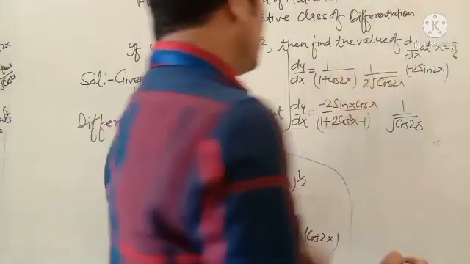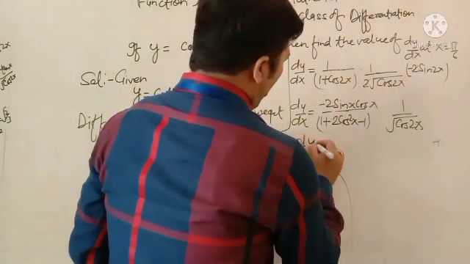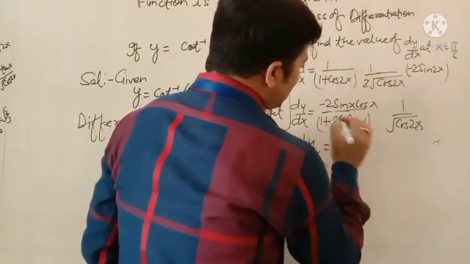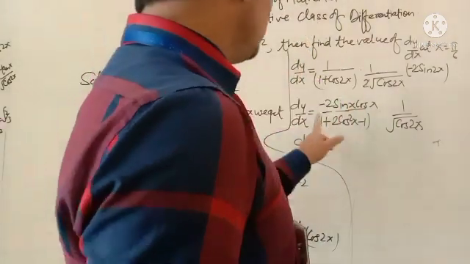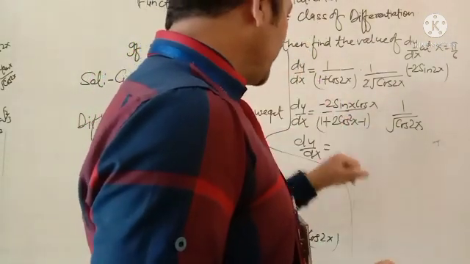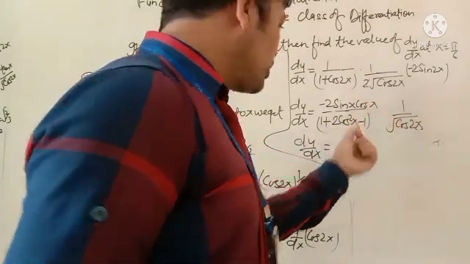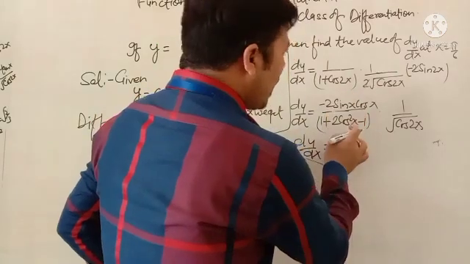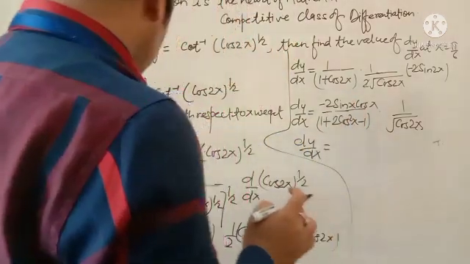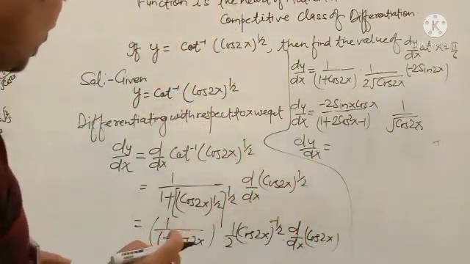So the value of dy upon dx is here. The 2 cancels, cos x cancels, cos square x cancels with cos x. This is sin x upon cos x.